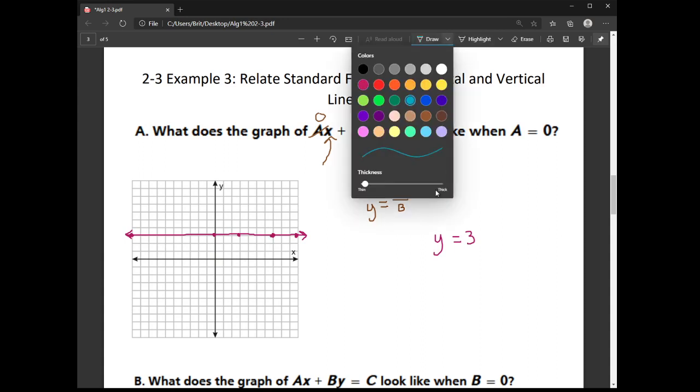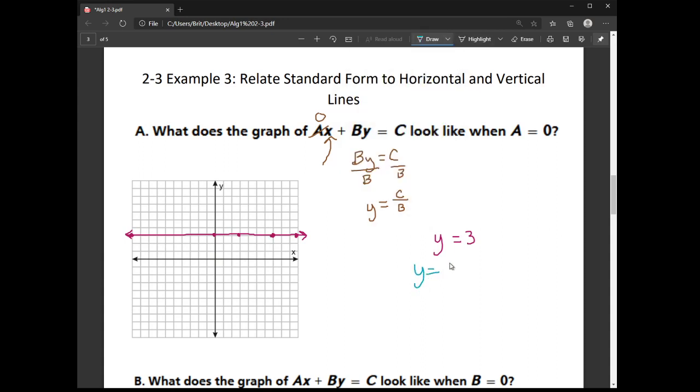Okay, let's try another one. Let's do y equals 5. Well, when x is 0, y is 5. When x is 3, y is 5. It doesn't matter what your x value is, y equals 5. And that's what the graph turns into, another horizontal line. It can work with negative numbers too.